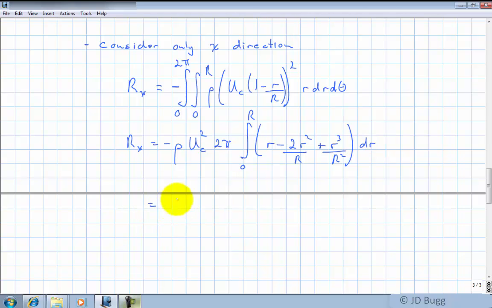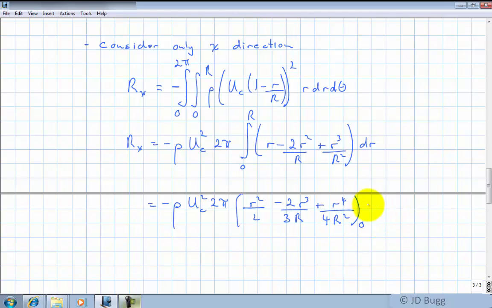So that's equal to minus rho uc squared 2 pi, r squared over 2 minus 2r cubed over 3R plus r to the 4th over 4R squared.